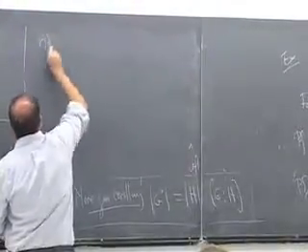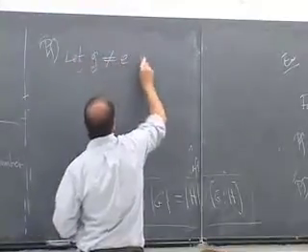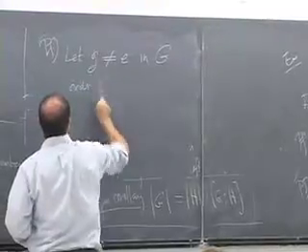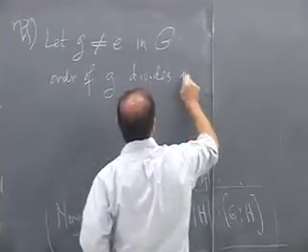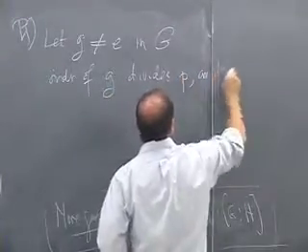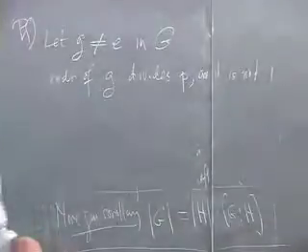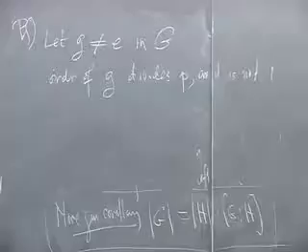Proof. Let g be not equal to the identity in G. The order of g divides P and is not 1, because the only element of order 1 is the identity element. Good?